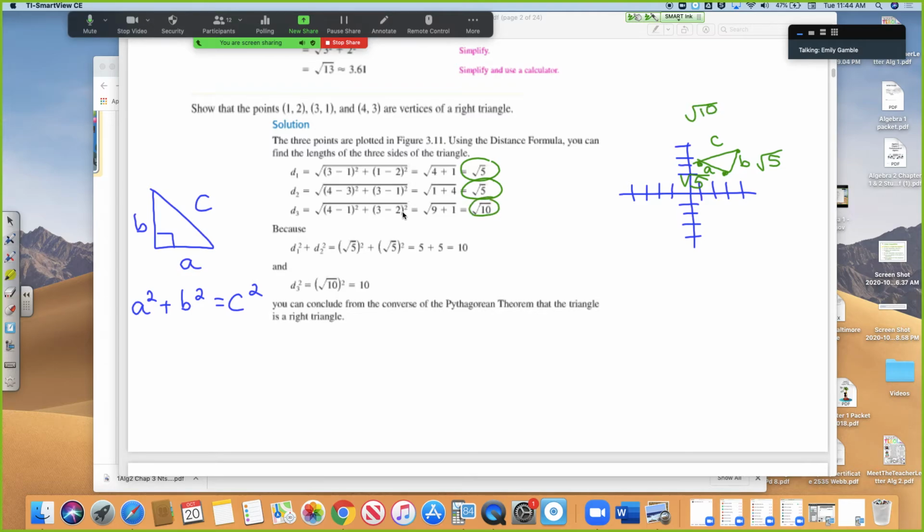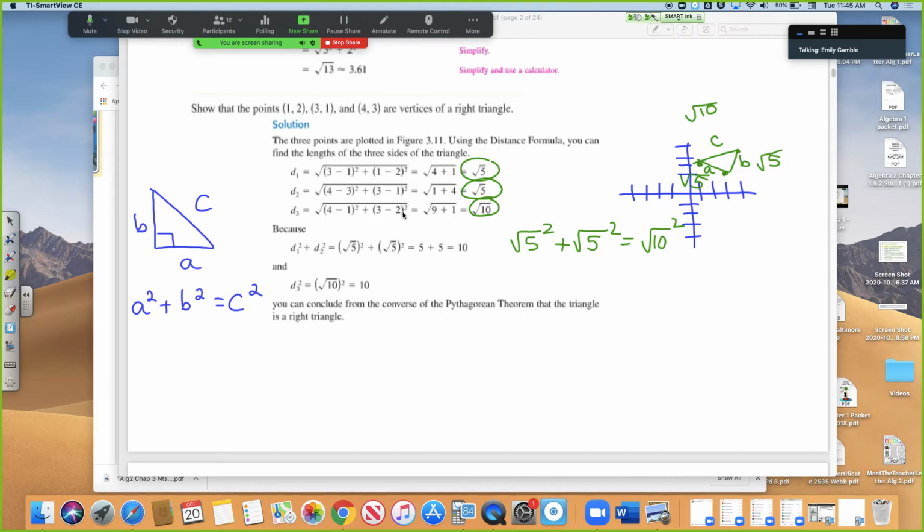So when they found the distance of these 3 points, they realized that this is a right triangle because when you take the square root of 5 squared and add it to the square root of 5 squared, it equals the square root of 10 squared. And this is the Pythagorean theorem, which says take the 2 legs, square them and add them, it'll be equal to the hypotenuse squared.